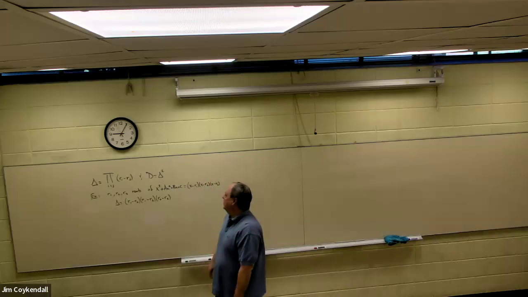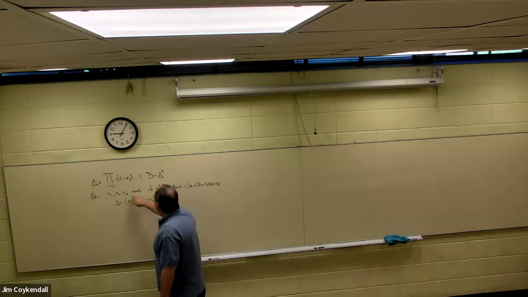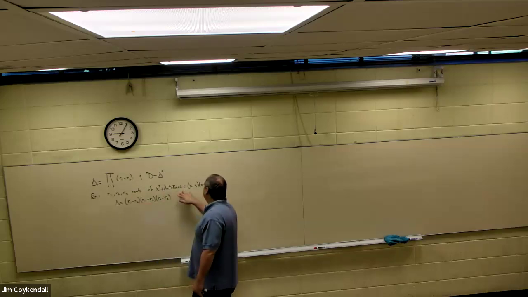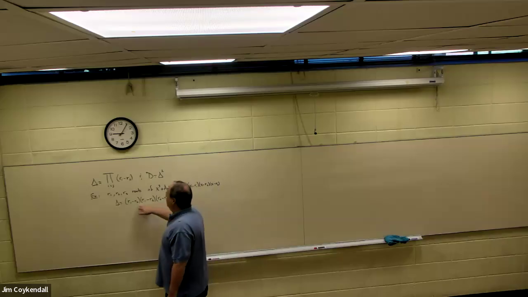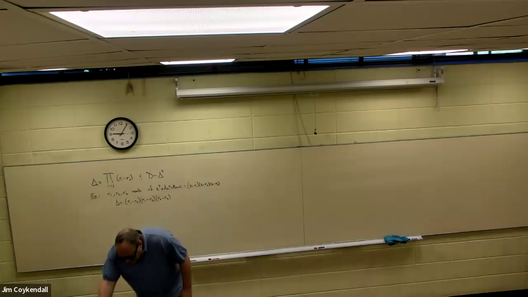It doesn't really matter what order the roots come in. And we define the discriminant to be the square of whatever this is. So for example, if you have R1, R2, and R3 roots of this cubic, then delta is this, and the discriminant is its square.